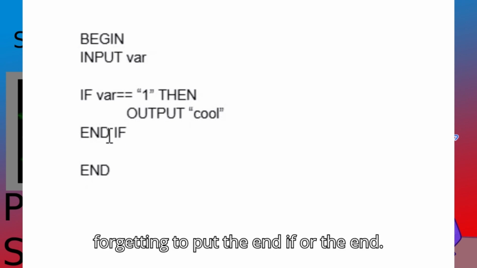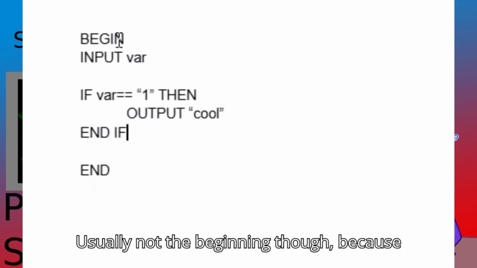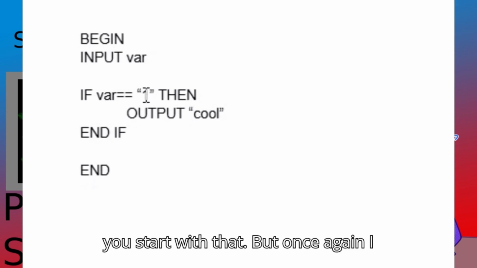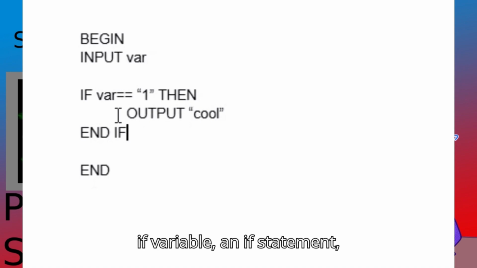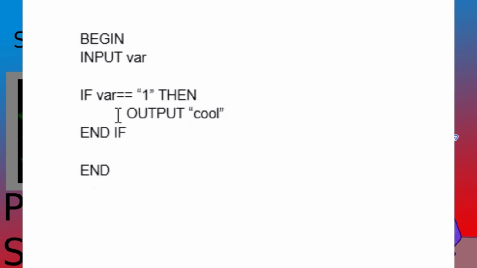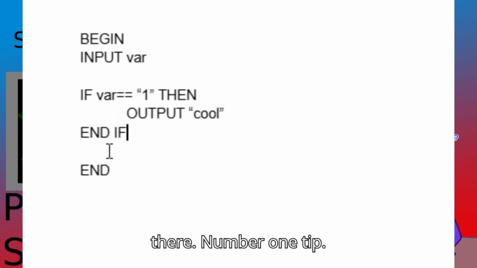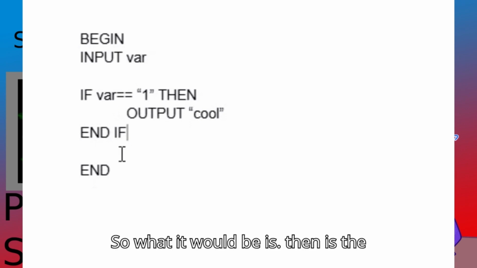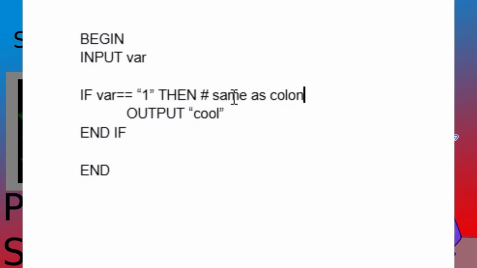You end up forgetting to put the end if, or the end, usually not the beginning though, because you just start with that. Once again, I suggest that when you're writing an if statement, remember to put end if in there. Number one tip. So then is the equivalent of the colon.